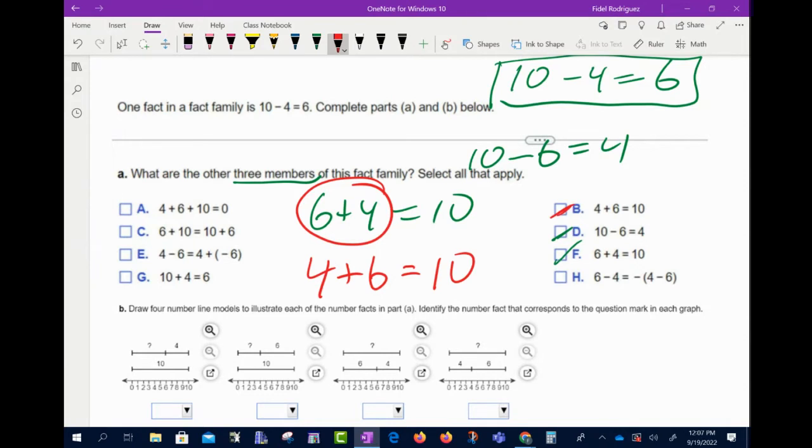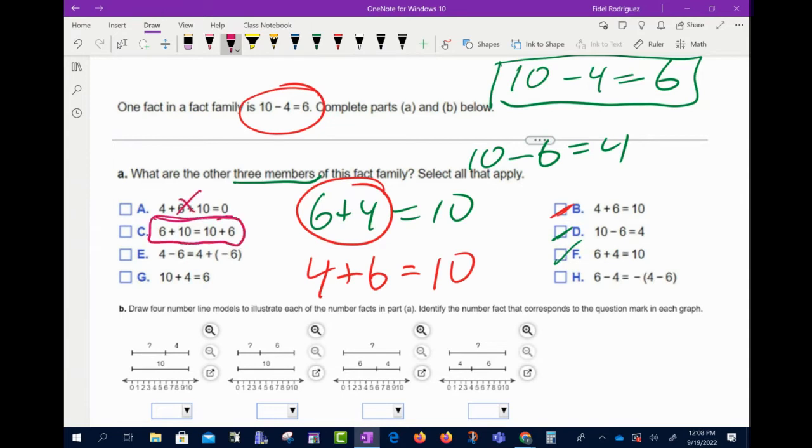So again, what I'm trying to find is three other equations that use these same numbers, but they have to make sense. For instance, if I look at the first one, 4 plus 6 plus 10 equals 0, I know that's not true, because 4 plus 6 is 10, plus another 10 is 20. So that one doesn't make sense.